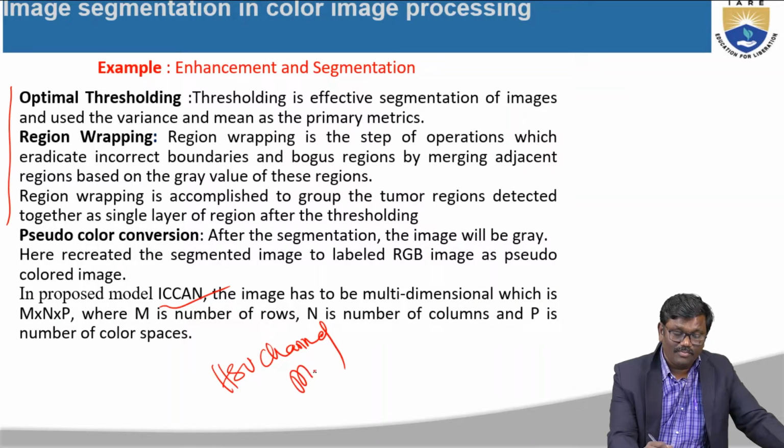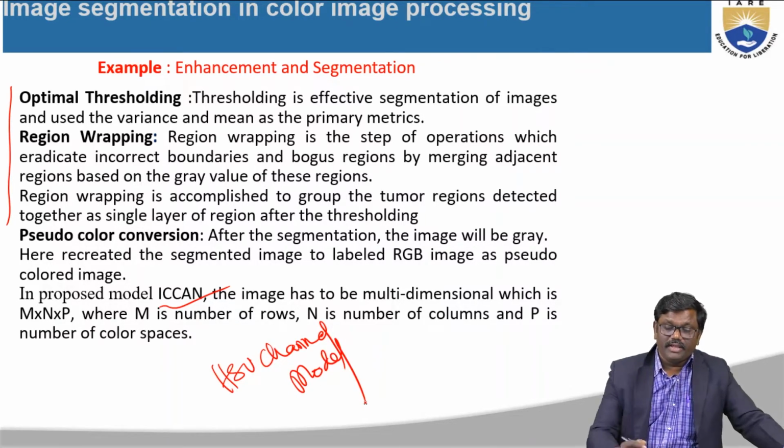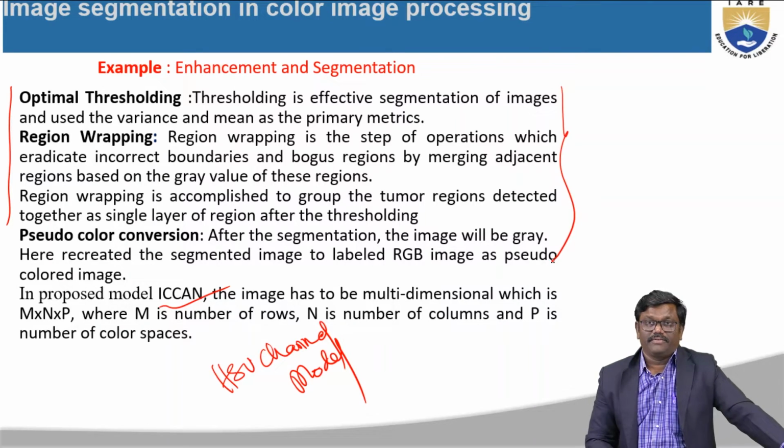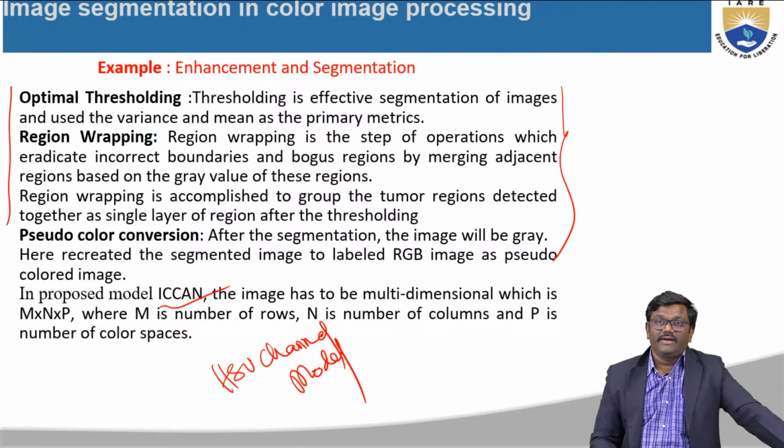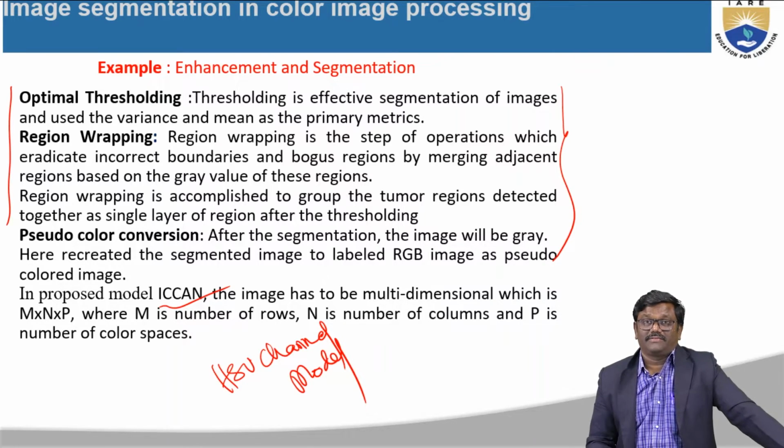For that, I'm discussing here that optimal threshold means the threshold is effective for segmentation of images and uses the variance and mean as the primary metrics.